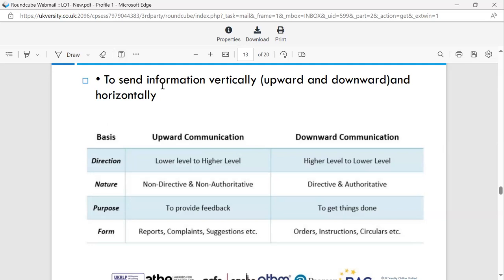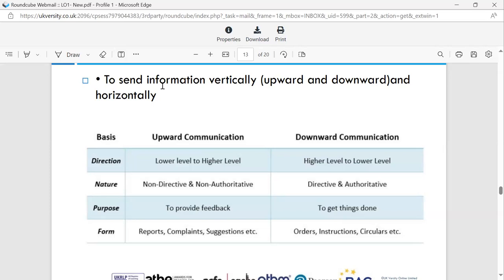So downward, down the hierarchy, is an effective way for top management to communicate with every level of the organization and is also effective at sharing instructions for projects within the company. Downward communication can be used to share feedback and performance review within the company.